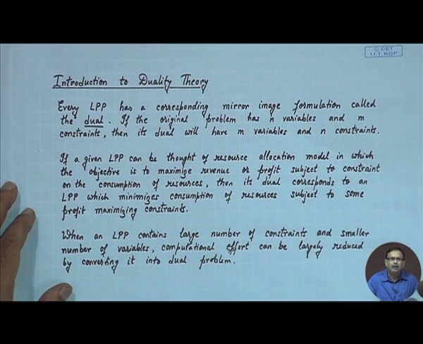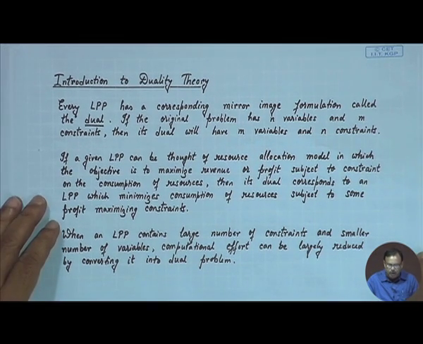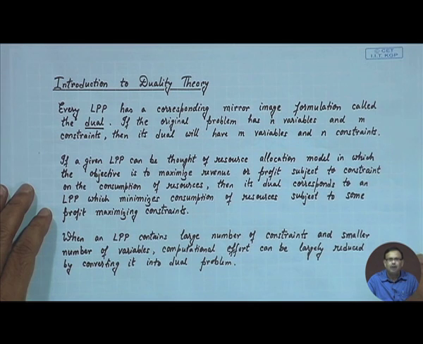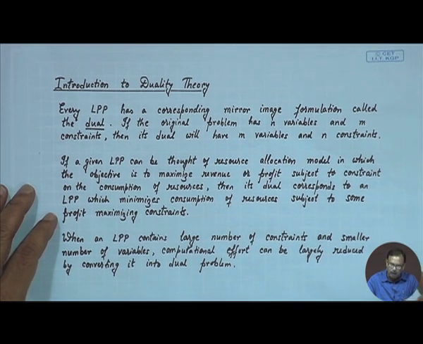So, when an LPP contains a large number of constraints and a smaller number of variables, then computational effort can be largely reduced by converting it into a dual problem.